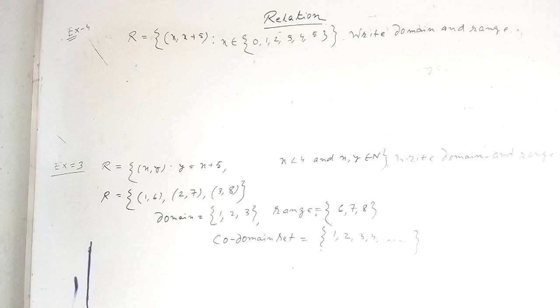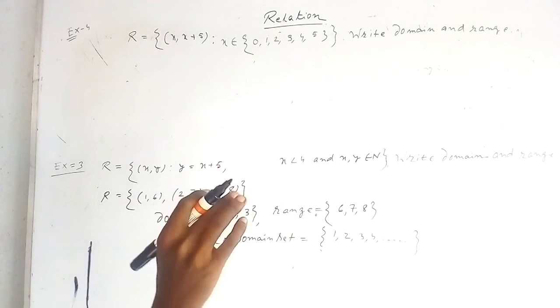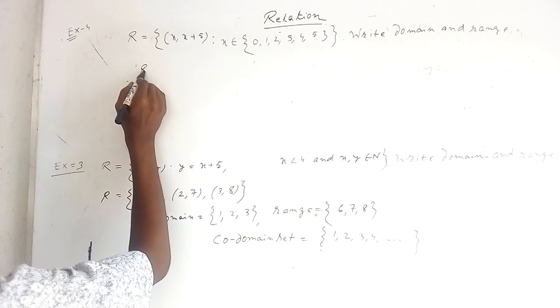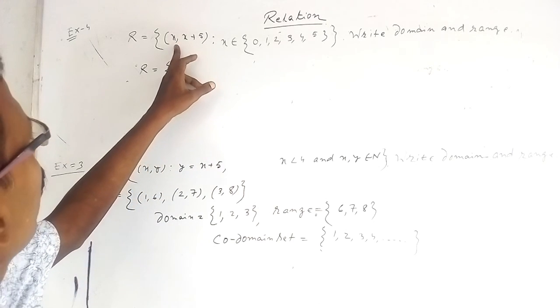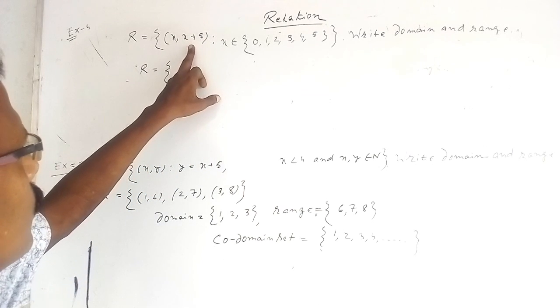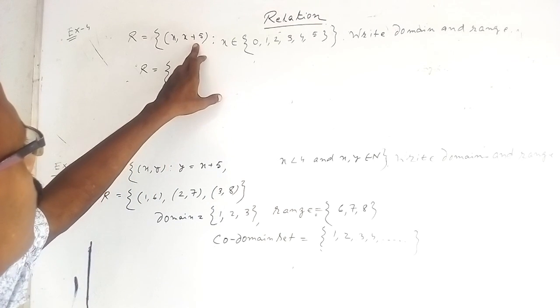Okay, now we are going to write this set in roster form, that is R is equal to this form. This form is called roster form. X plus 5, this is y. Similar to that, y is equal to x plus 5.